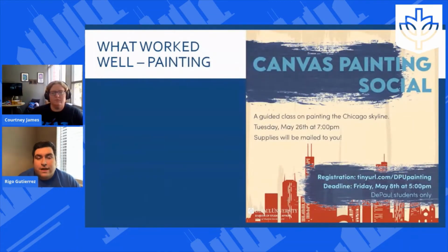And then another event that involved the dropshipping component, but also an in-person or a synchronous component, was our Canvas painting social. And so we worked with another NACA vendor to dropship Canvas supplies, paint, and brushes, and still be able to have an event that you normally see in person, like those guided painting classes, and still offer it virtually.